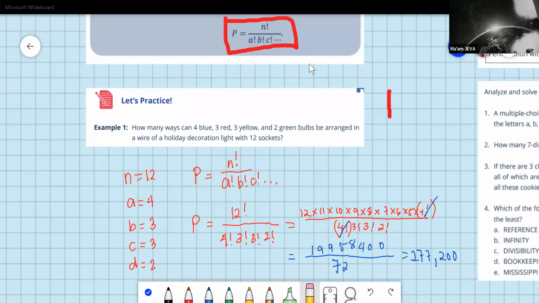Question so far? So what kind of example is this? This example is with identical objects, so please take note. By the way, this is also recorded, so I can clear up the solution so that we can go to another example.